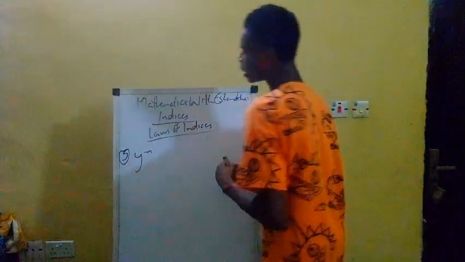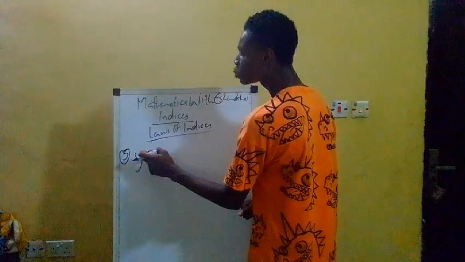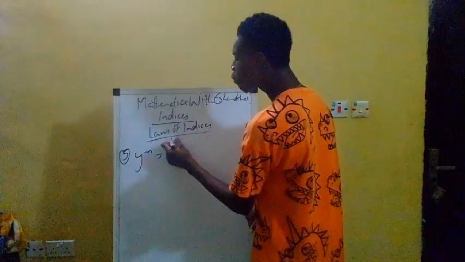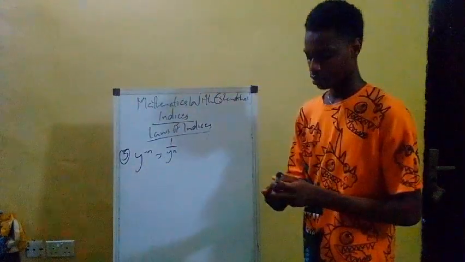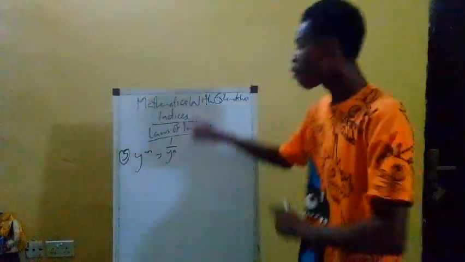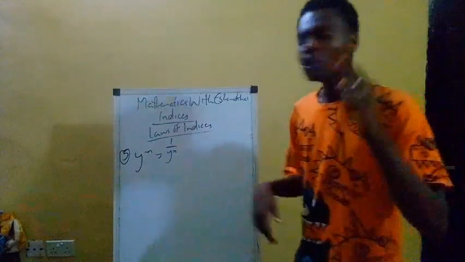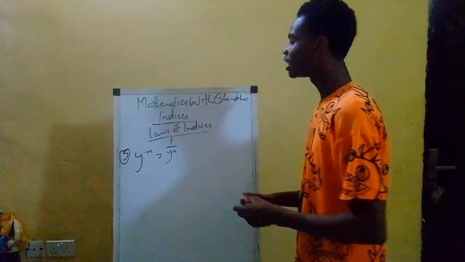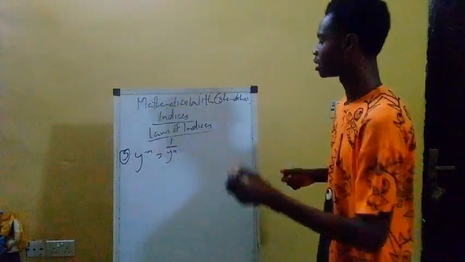You change this minus, and it will now be 1 over y raised to power n. That's what you will do. Now let me give you an example with numbers so you understand.